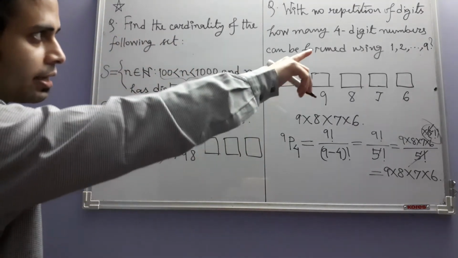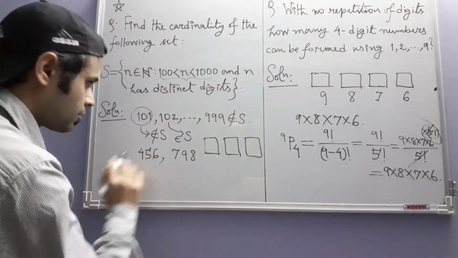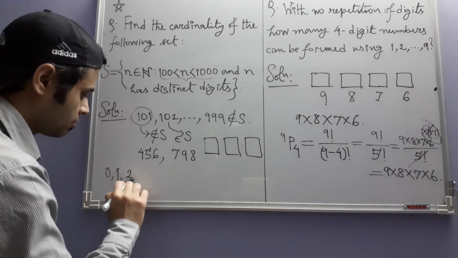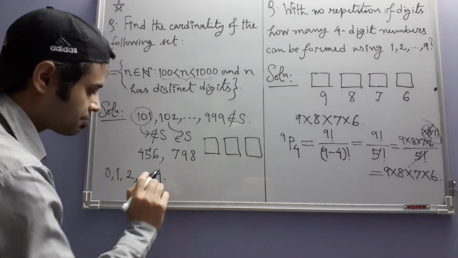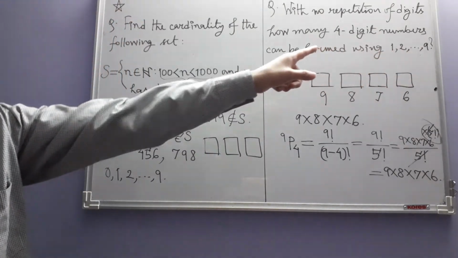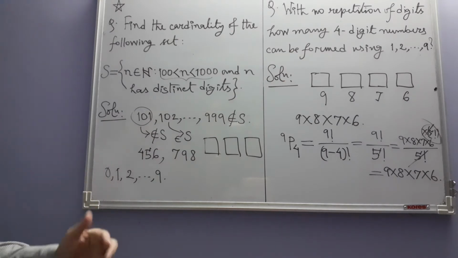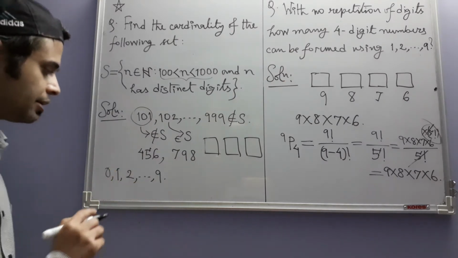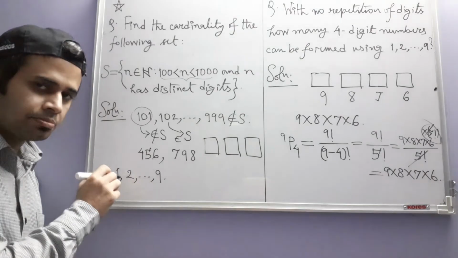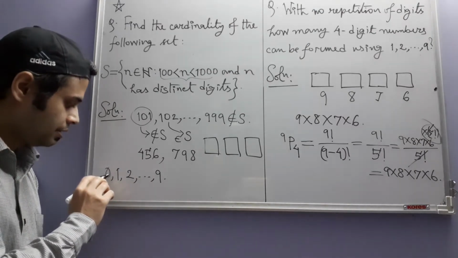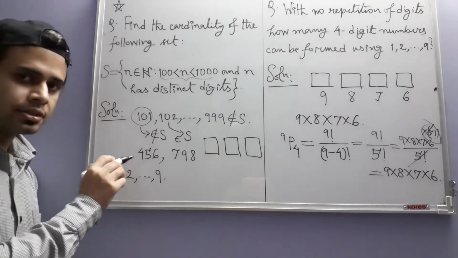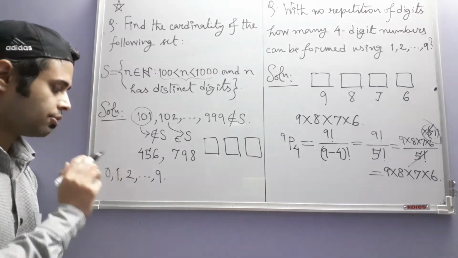And the digits, unlike the previous problem, are now these. Because in the previous problem, it was given that the digits are to be from 1 through 9. But now 0 is also allowed because that is also a digit. Since we are using the decimal number system, there are 10 characters. If we used the binary system, there would be only 2 characters, 0 and 1.